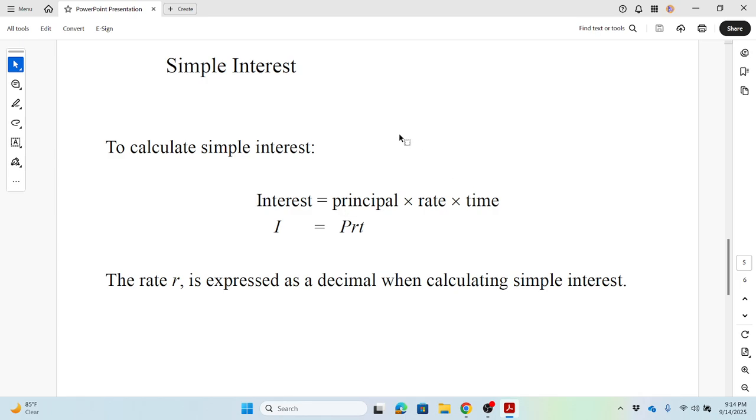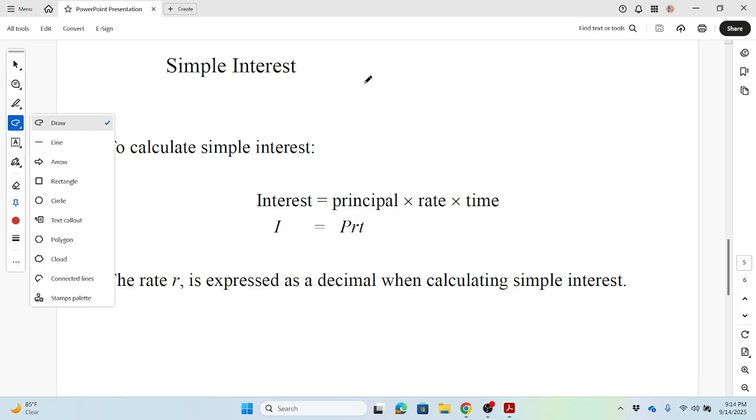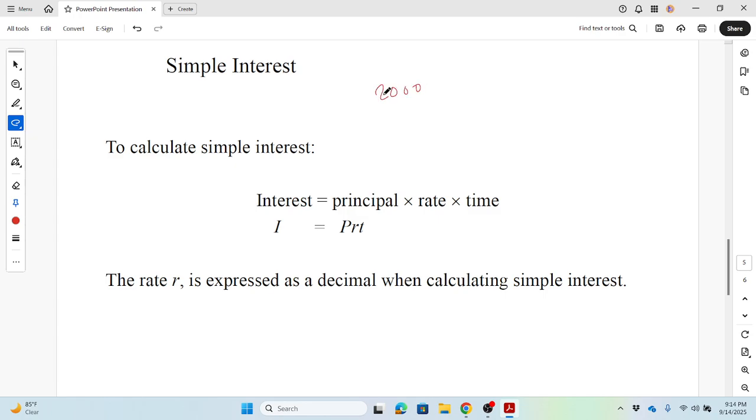So for example, let's say you invest 20,000 bucks in some type of account which pays 4% interest, if you invest that money for 5 years.